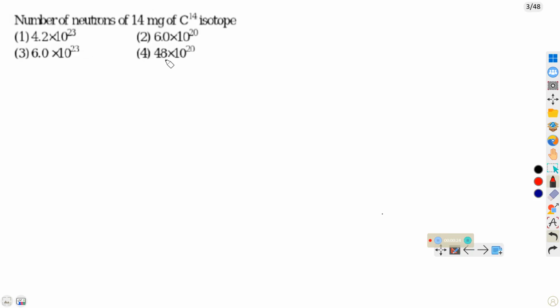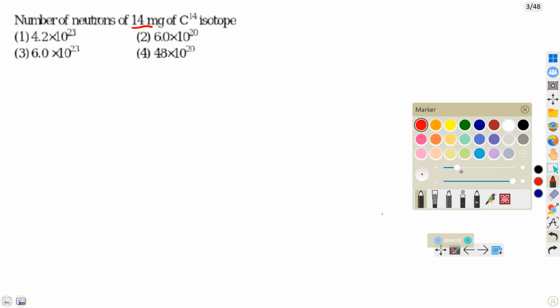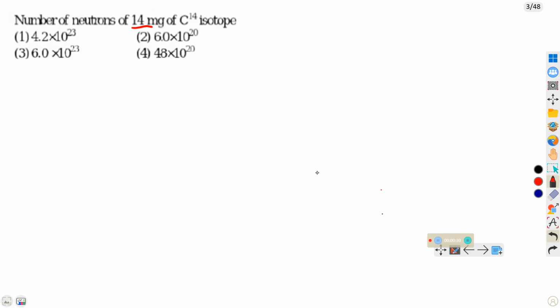The number of neutrons in 14 milligrams of carbon-14 isotope. To calculate the number of neutrons, first calculate the number of moles. Number of moles is equal to weight divided by molecular weight.